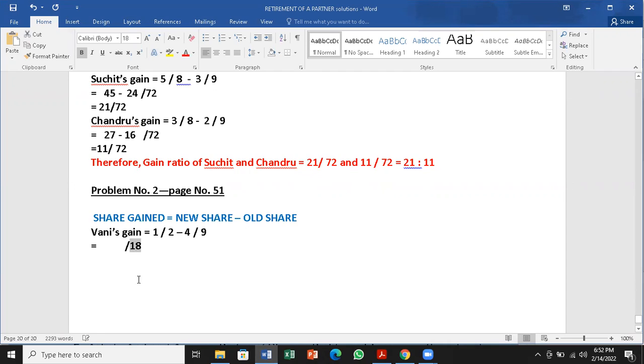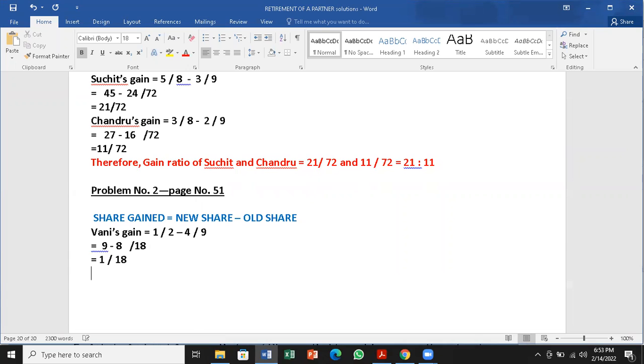Then the denominator values, 18 divided by 2, that is 9. 9 into 1 is 9 only, minus. Next, 18 divided by 9, that is equal to 2. 2 into 4, that is equal to 8.